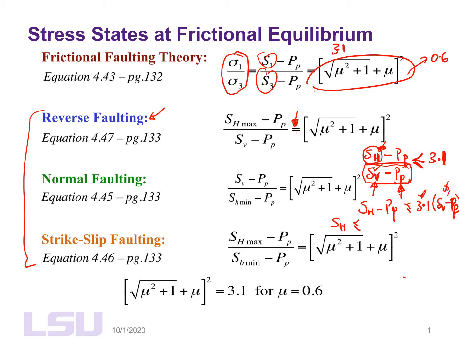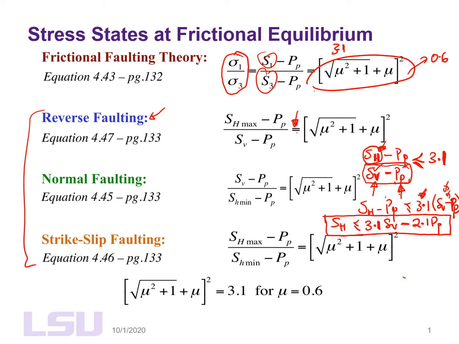There's a minus here, right? Minus times 3.1, so it was 1 minus 3.1, it becomes 2.1. So this is 3.1 SV minus 2.1 pore pressure, plus PP moved to the other side, and we took 1 out of the minus 3.1.